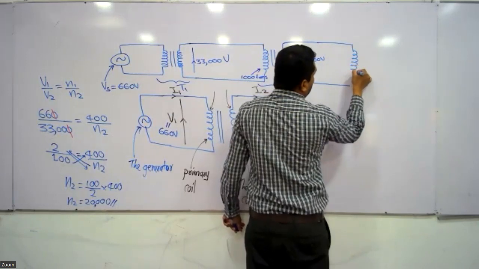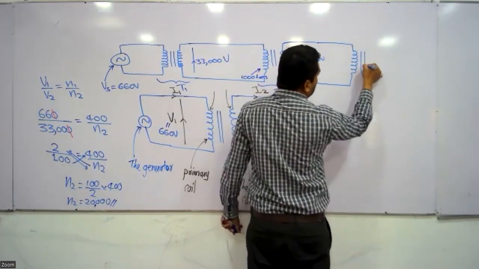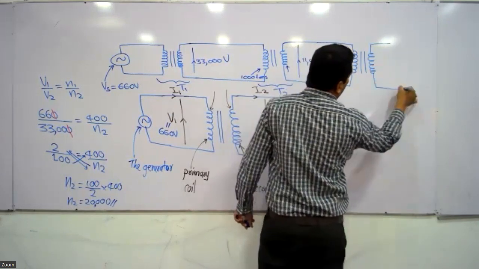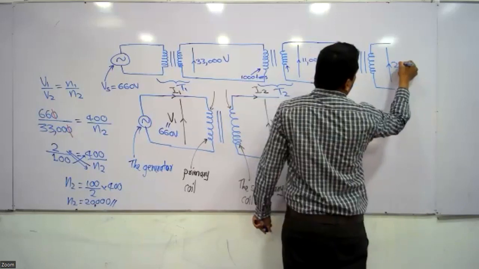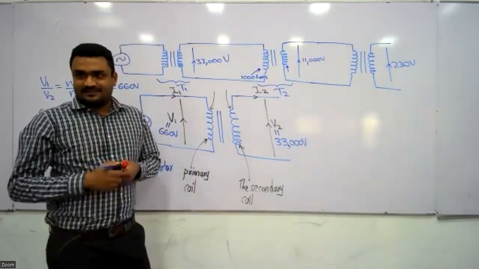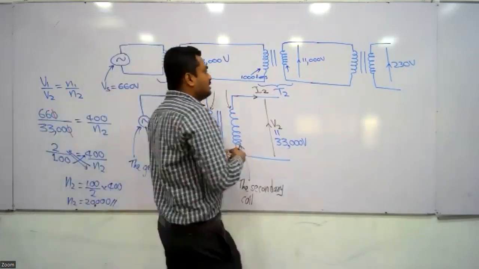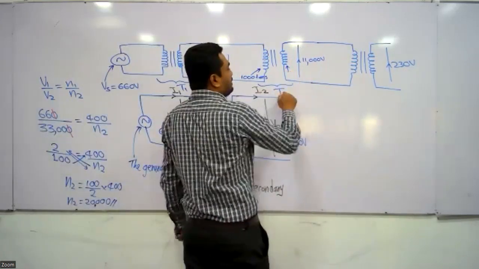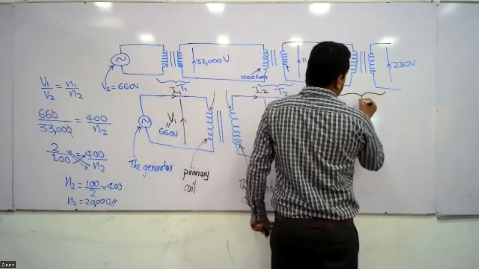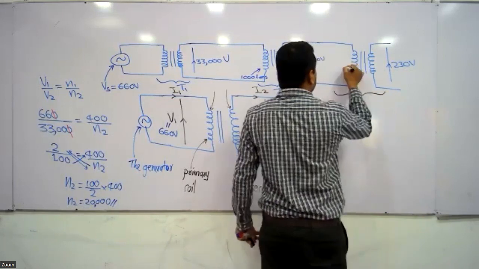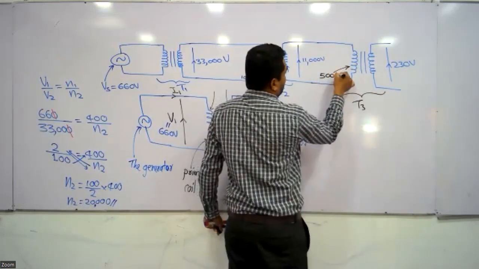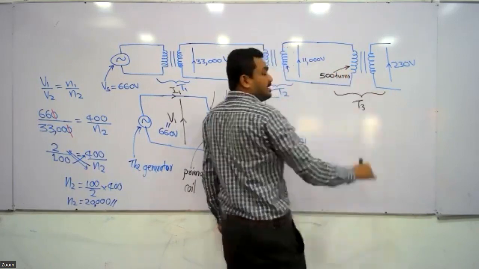There will be another transformer. This transformer reduces this 11,000 volts into 230 volts. Can you understand? Here we don't know the number of turns in the secondary coil in T2. So this is the T3 transformer. Let me take that there are 500 turns in the primary coil of the T3 transformer.